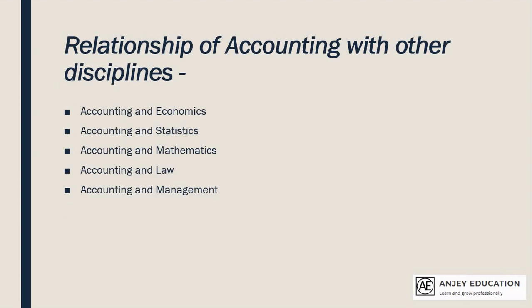Relationship of accounting with other disciplines. Accounting and economics. Economics is viewed as a science of rational decision making about the use of scarce resources. It is concerned with analysis of efficient use of scarce resources for satisfying human wants.